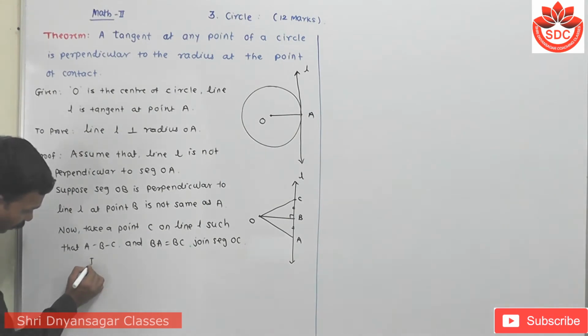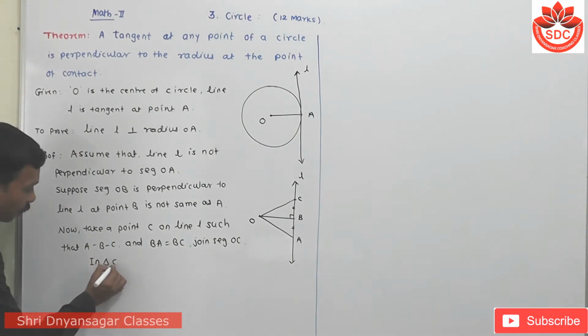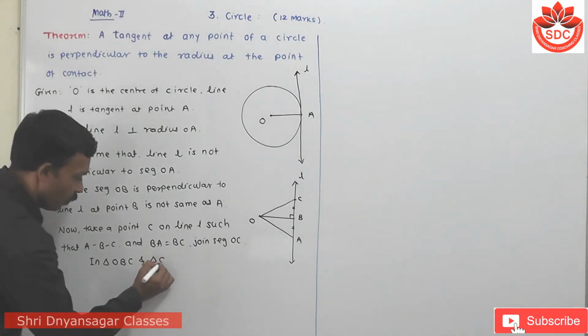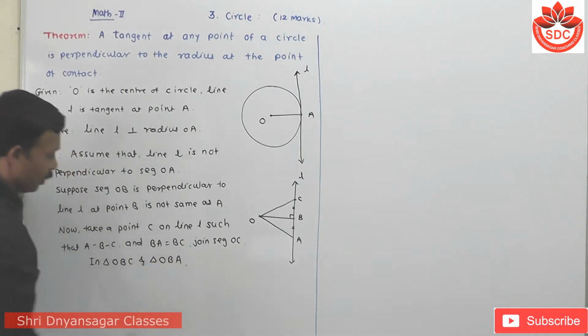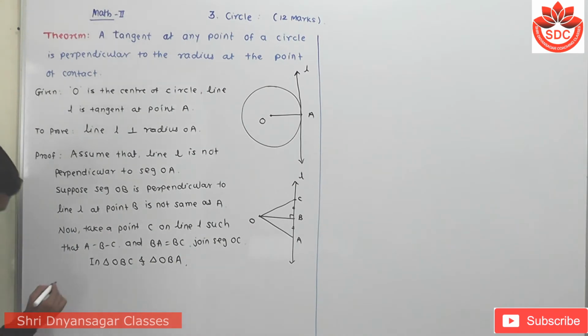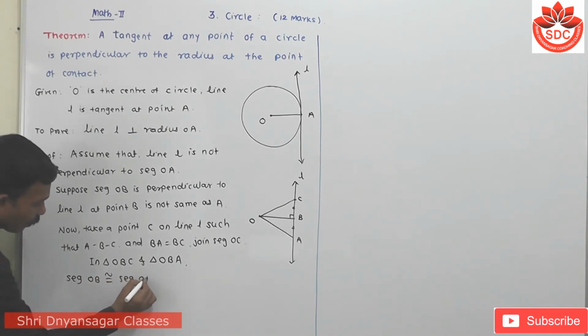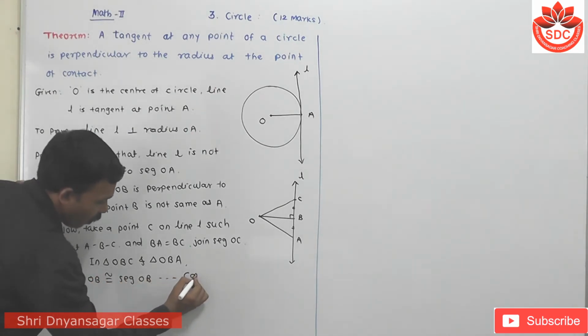So I will write: in triangle OBC and triangle OBA, segment OB is congruent with segment OB. Why? This is the common side.